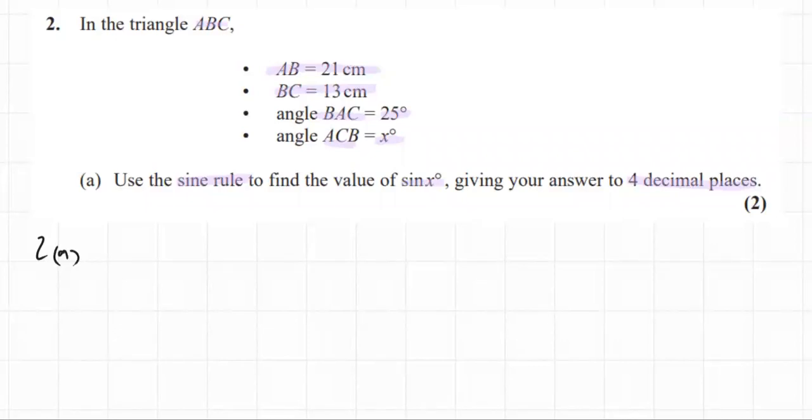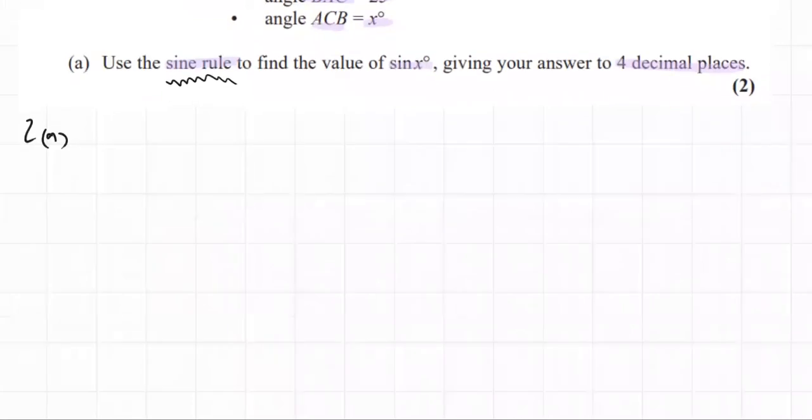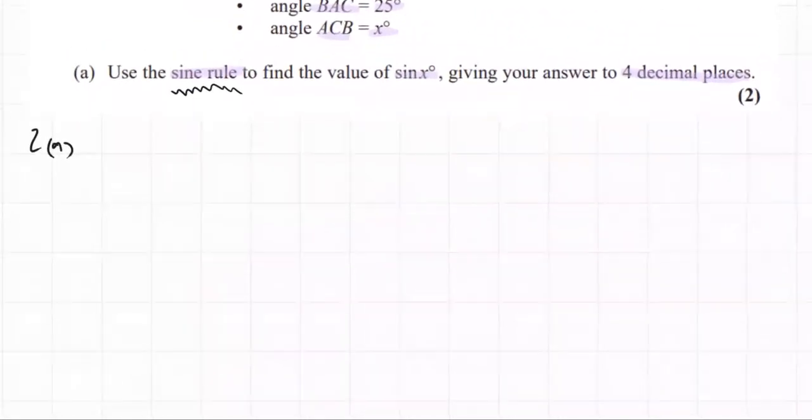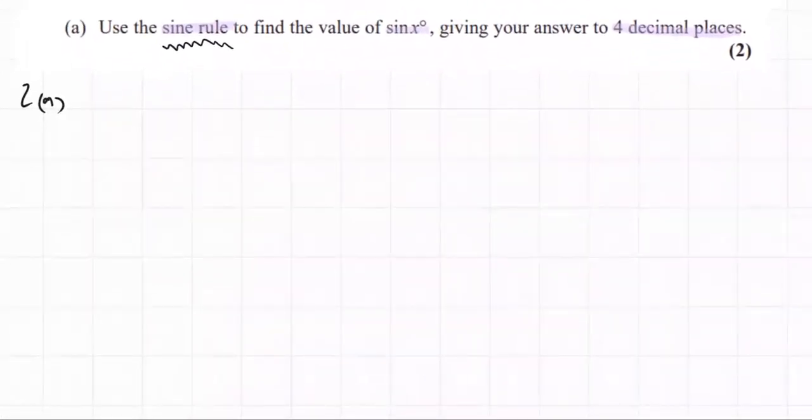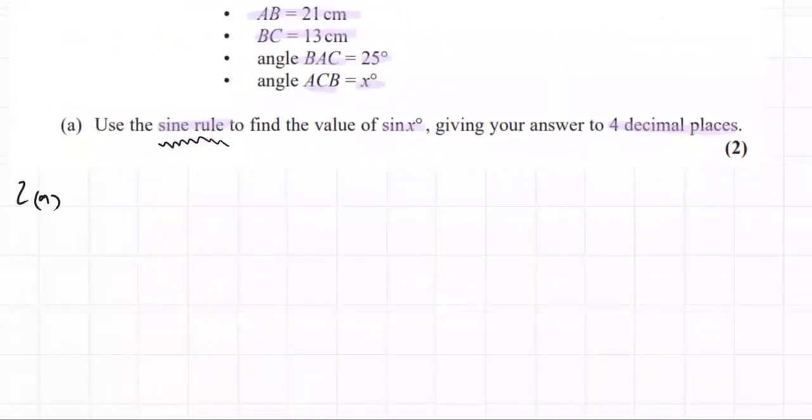Anytime you're using the sine rule, watch out for the ambiguous case. Ambiguous case means it might be one thing or another. So let's see if we're going to be working with the ambiguous case. We have some sort of triangle ABC.